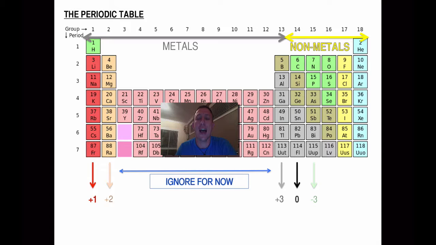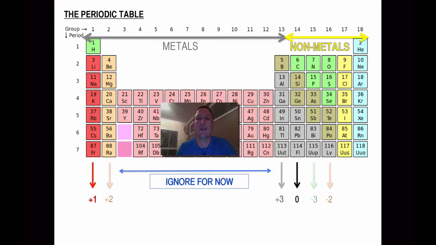They are our anions. Because they're gaining electrons, they are completing their outer shell. Now, this group requires 3 electrons to complete their outer shell. So nitrogen will have the ion N3-. Phosphorus will be P3-.